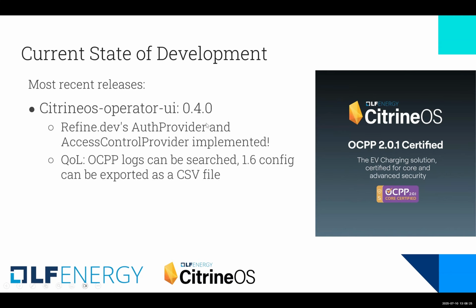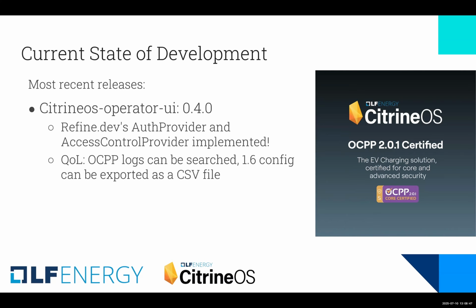There was also a release in the operator UI, which is the UI component that goes on top of CitrineOS Core's microservices. Network operators, controllers of charge point networks, use this user interface to get an overview of their network and control their chargers.